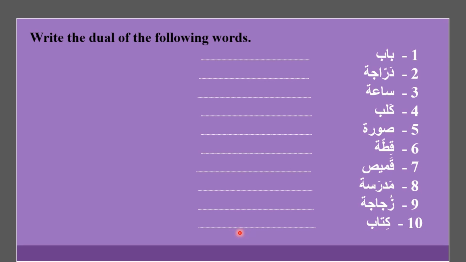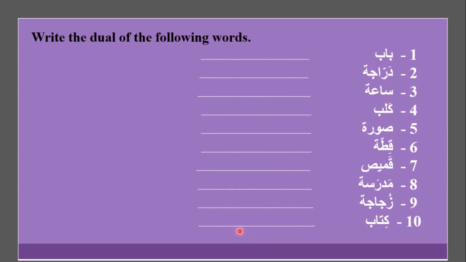How do you say 2 dogs? 5 is sura. Sura, picture or photo. So how do you say 2 pictures or 2 photos? Don't forget sura is feminine. 6 is qitta. Qitta, cat. How do you say 2 cats?